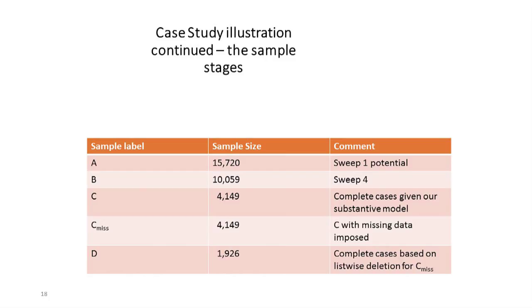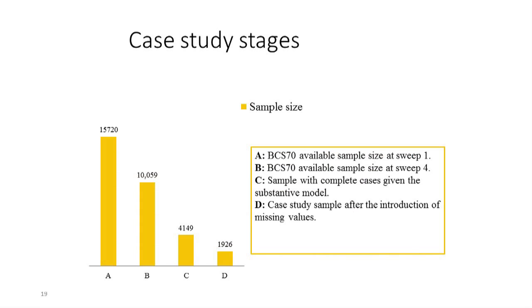If you condition on those cohort members who had complete data for my hypothetical substantive example, that drops to 4,000 or so, but that's complete for those variables, and then we impose a distinct missingness pattern, which I've called C miss. And then if we do a listwise deletion on that group, we come down to a sample of just under 2,000. So there's a reduction between C and D.